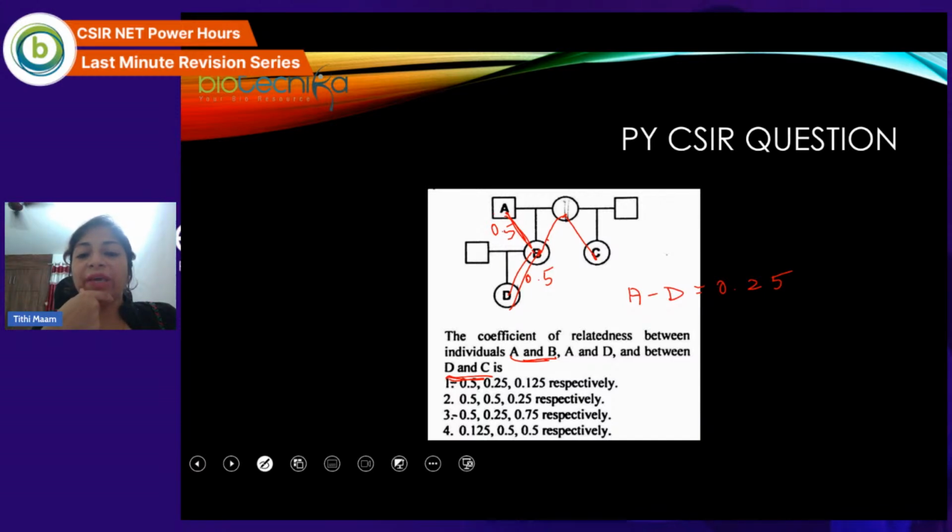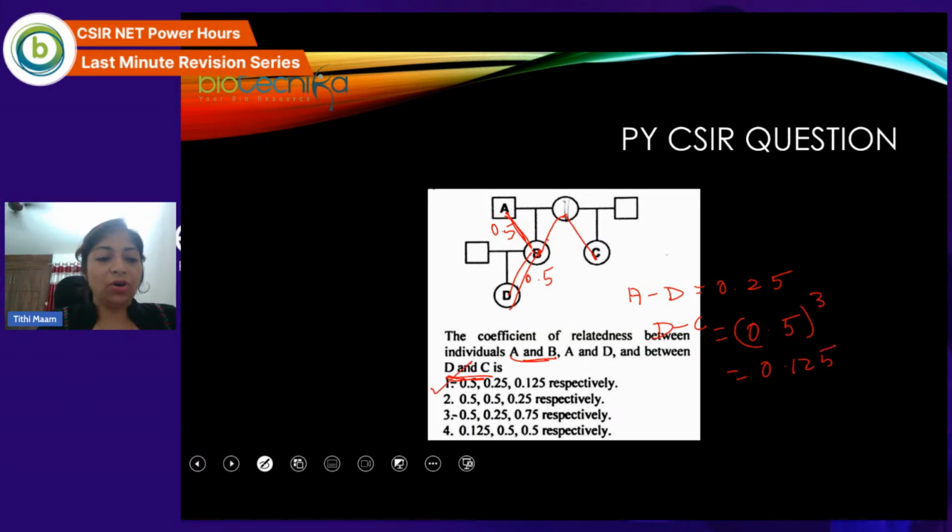So how much are you getting? 0.5 to the power 3, you have to take three steps for D and C. So it will be equal to 0.125. So the answer will be option 1. Yes, Anupam, Lakshmi, correct.